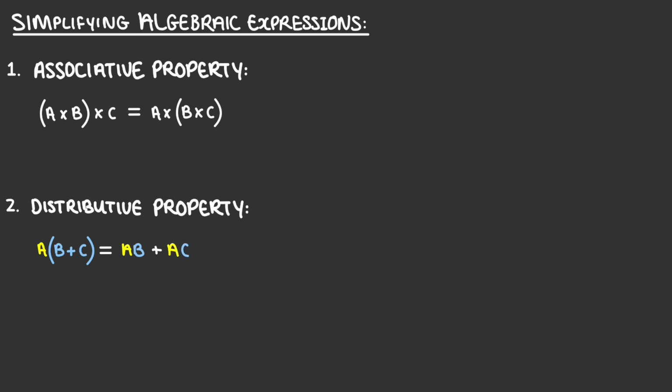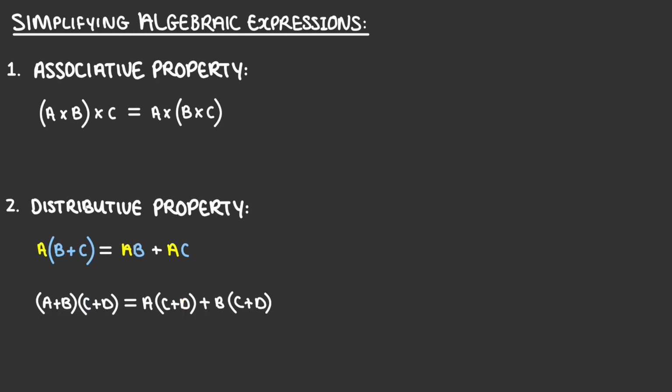So what the distributive property states is that if we multiply a number a by a bracket containing multiple terms, such as b, c, d, etc., we must multiply a by each term inside the brackets. Depending on the signs of each term within the brackets, we will end up with different signs in our answer. So for example, if we were multiplying a by b minus c, we would end up with a multiplied by b minus a multiplied by c.